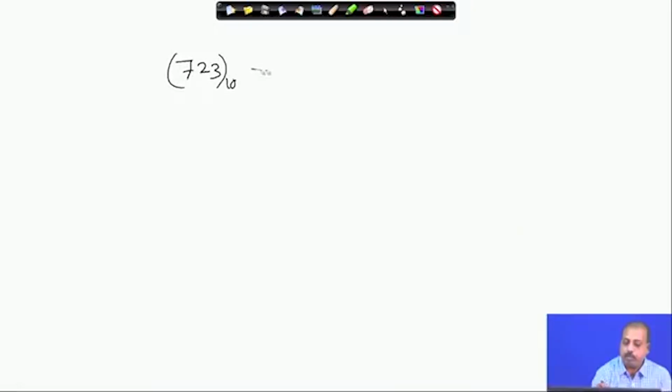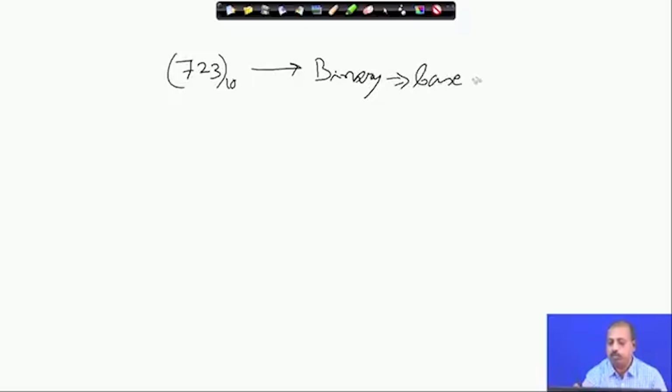Suppose we have the number 723 in the decimal system, and I want to convert it into the binary number system. The base of the binary number system is 2. So, what I do is I go on repetitively dividing 723 by 2 and note down the remainder values.